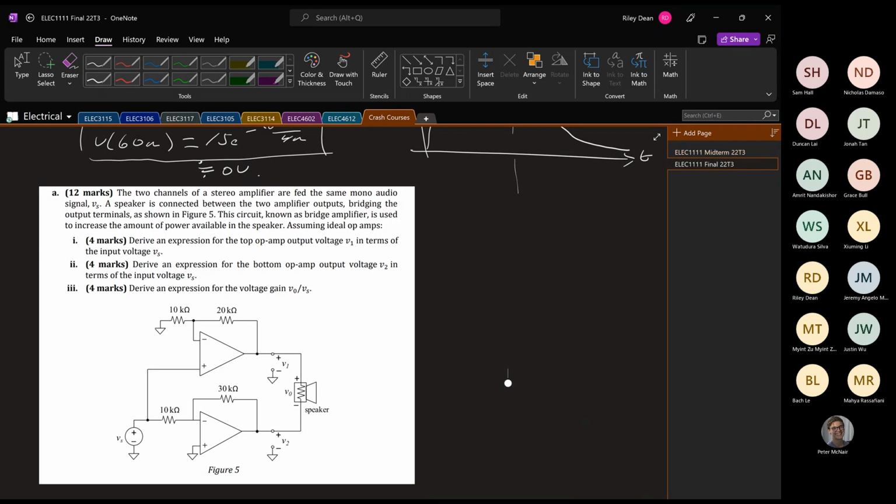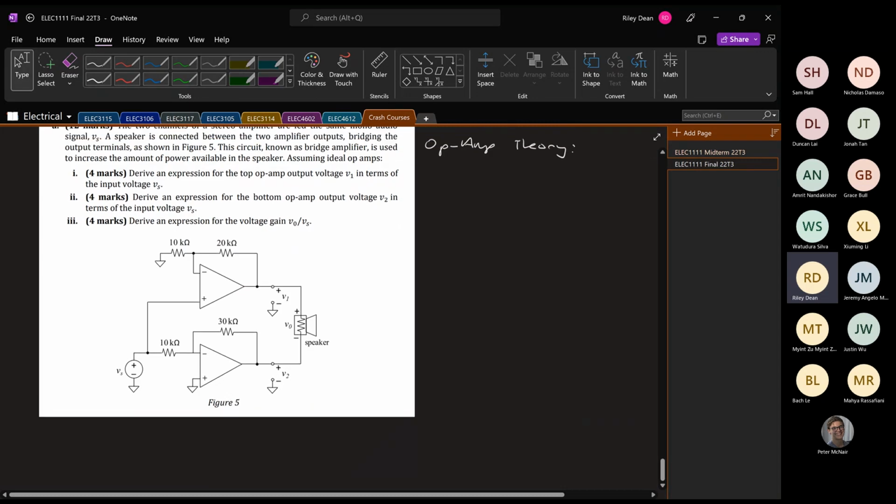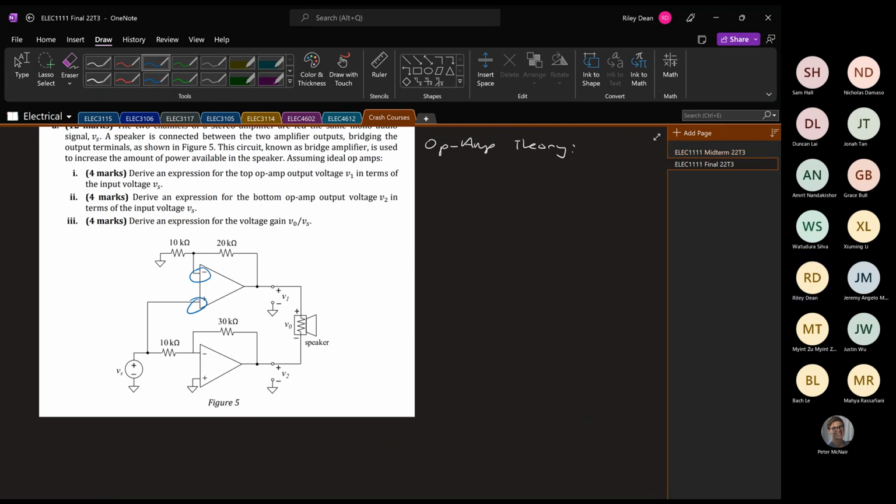So we'll spend a little bit of time now going through some of the op-amp theory. So in our basic op-amp, does anyone remember the features of the voltages here that we can consider, as well as the currents going in?